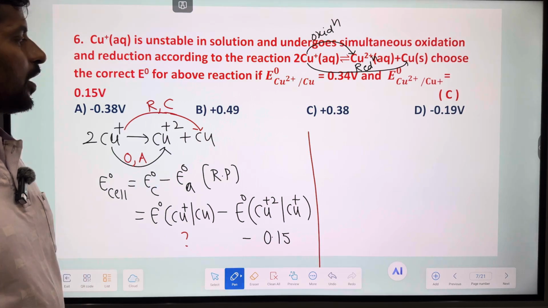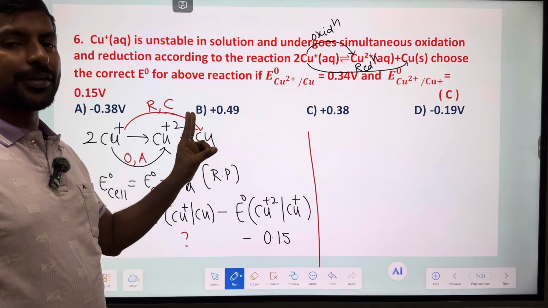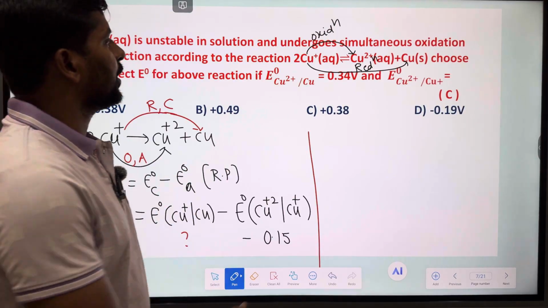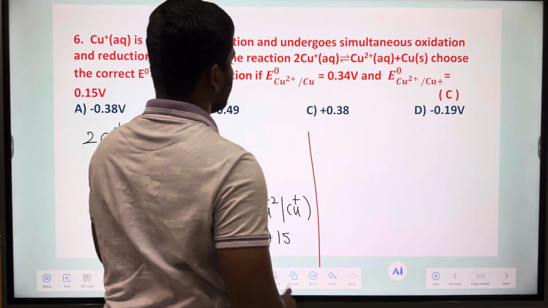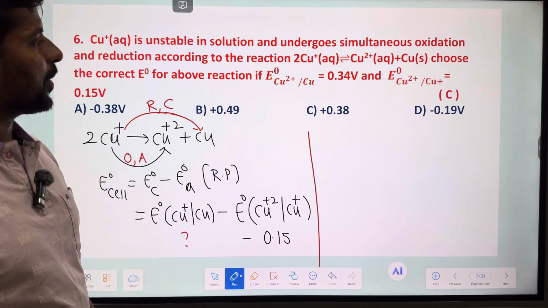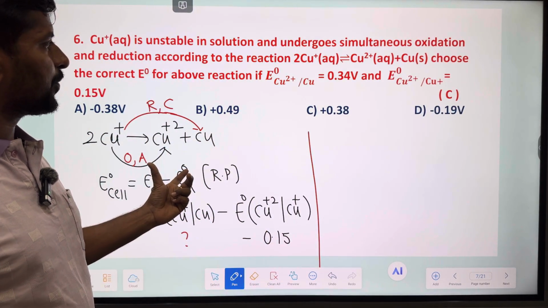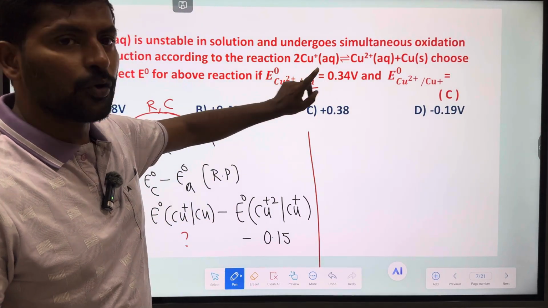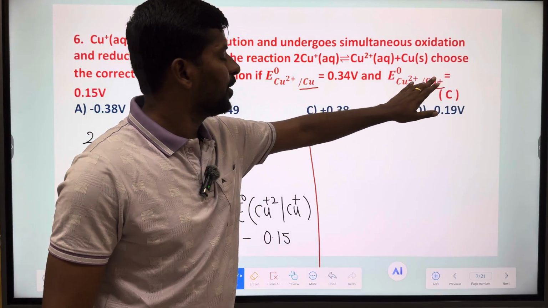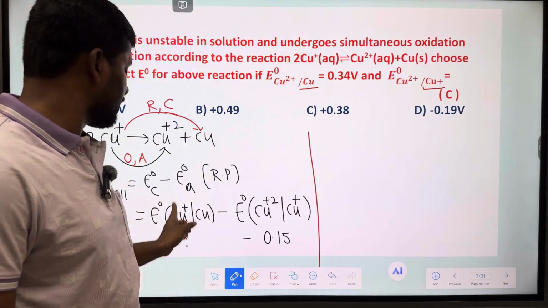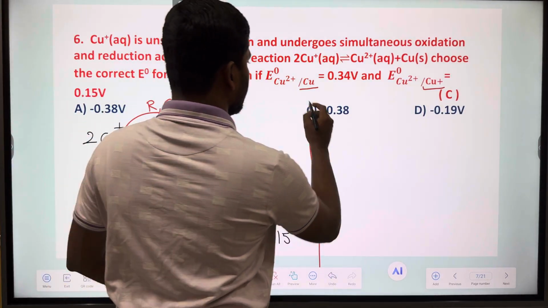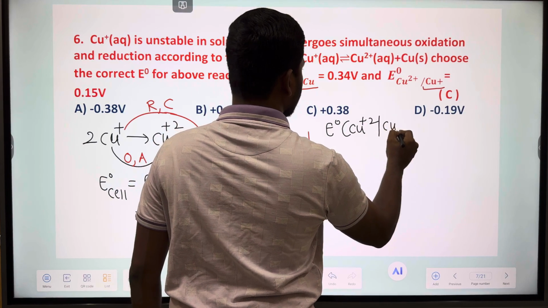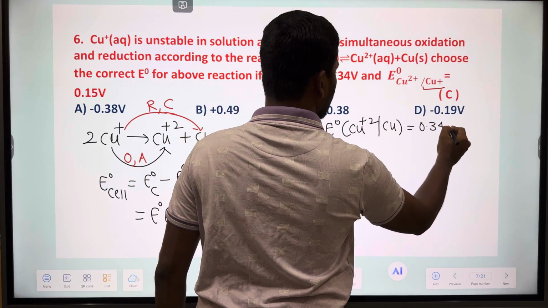For that, I told you, if two electrode reactions are given, how to calculate the third electrode reaction. Here we need Cu2+ to Cu, and Cu+ we want on the left side and Cu on the right side. Cu is on the right side, no problem, but Cu+ is on the right side and we have to get it on the left, so you take the reverse. E0 Cu2+ to Cu is given, 0.34 volts.